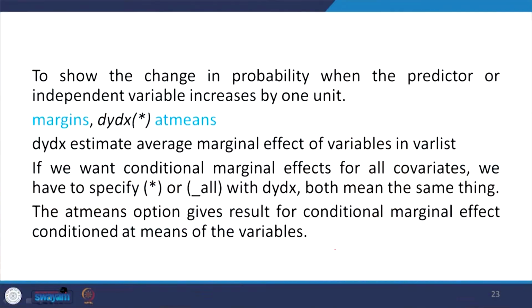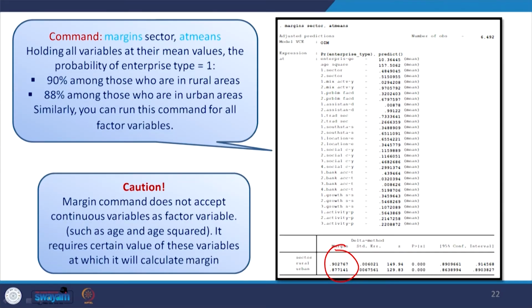Okay. So, now let us come to the understanding of the change in the probability. What is the change in the probability when the predictor, or the independent variable, increases by 1 unit? We simply say the absolute probability of a particular category is when we keep other variables at their average value.